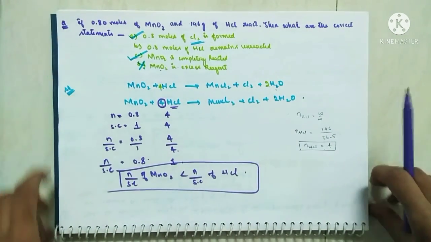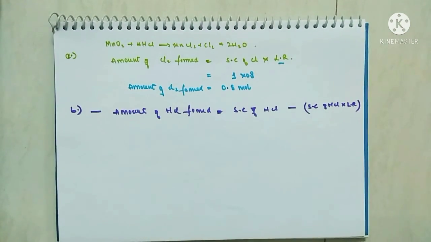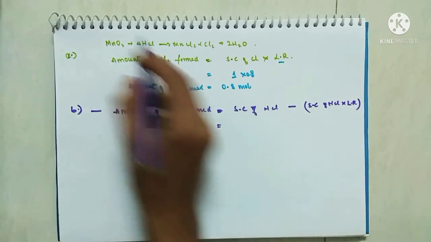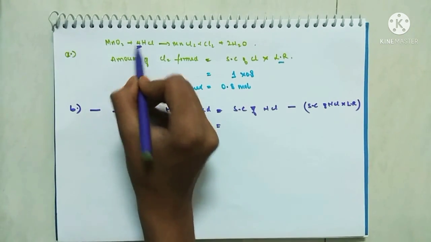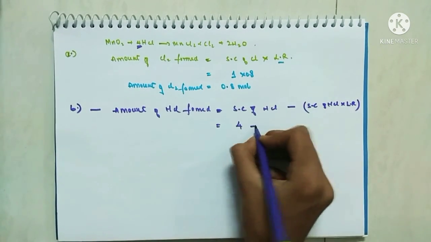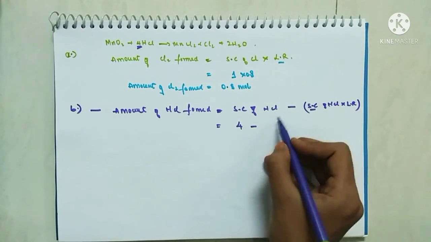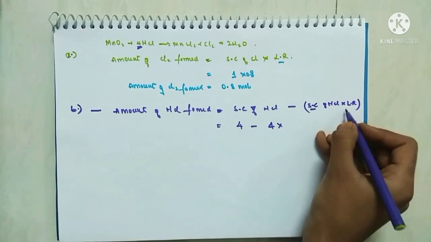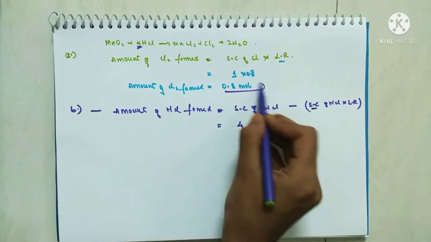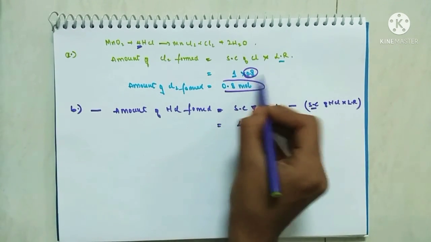So SC of HCl is 4, minus 4 into the limiting reagent, 0.8 moles.